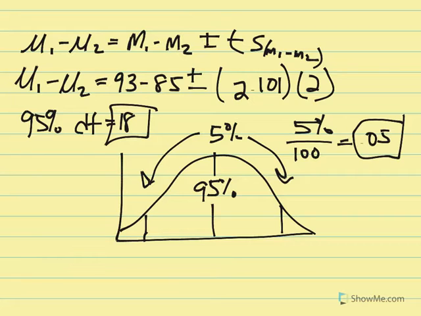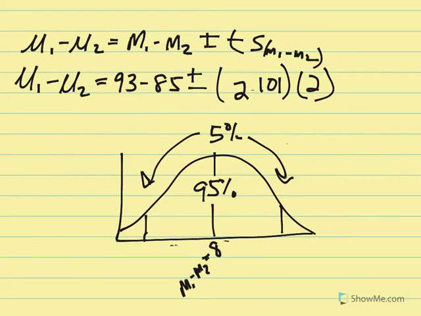I'm going to clean up some more of this information so I have ample room to write everything that I need to. Okay, and what I've done here is in the center I've represented sample 1 mean minus sample 2 mean is equal to 8.